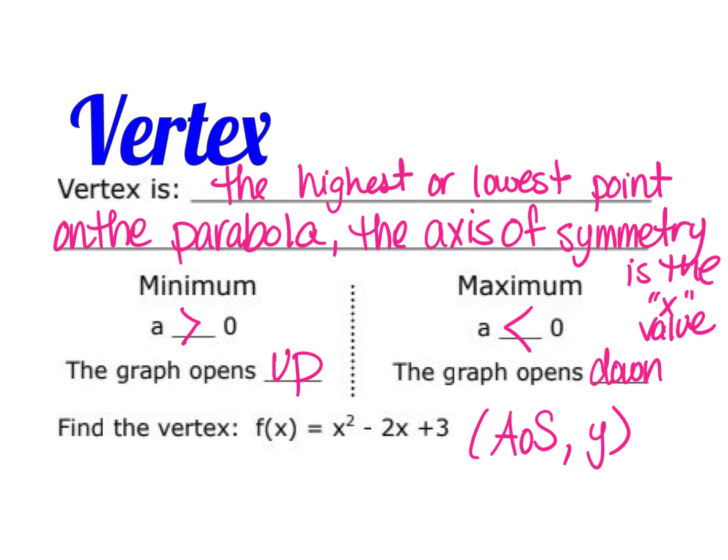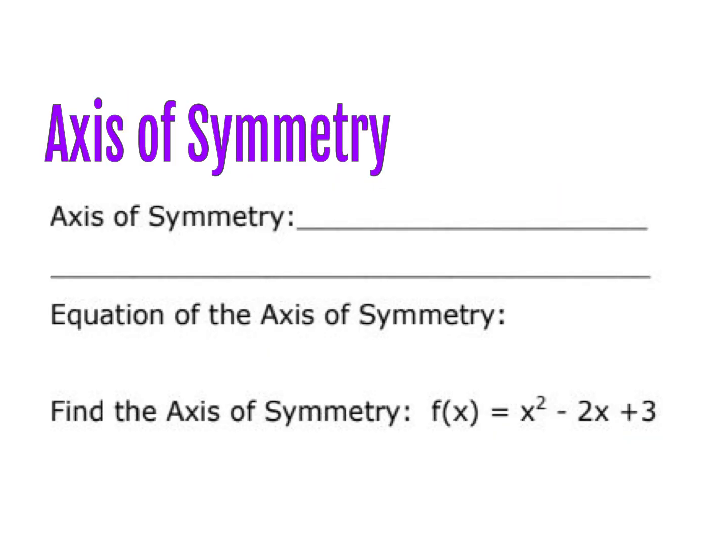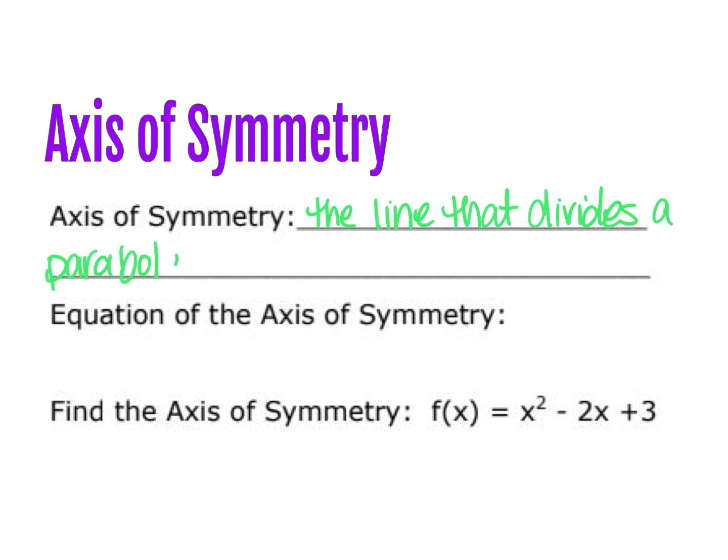All right, so here's our axis of symmetry. Axis is not a familiar word, but symmetry is. If something is symmetrical, it's the same on both sides. So this is the line that divides a parabola into two equal halves.